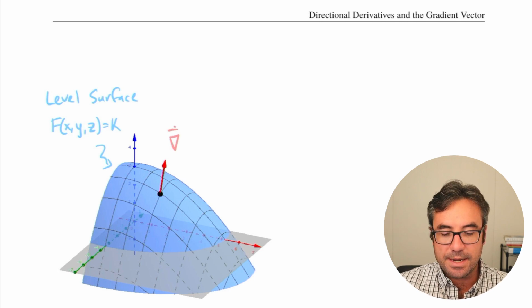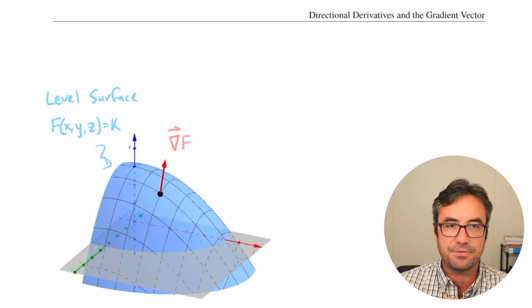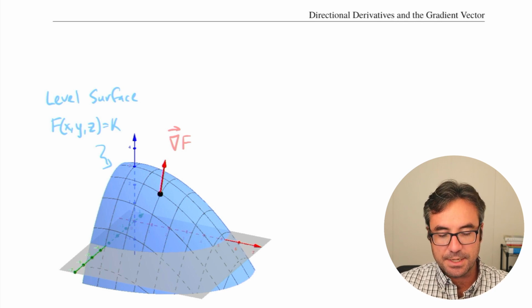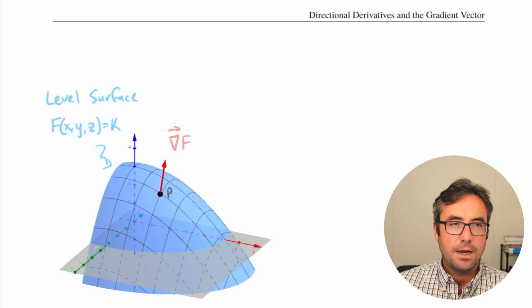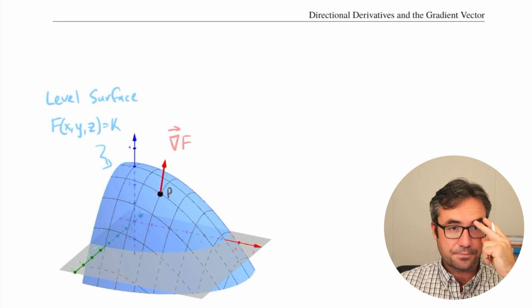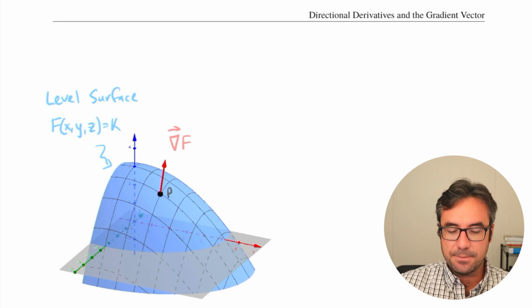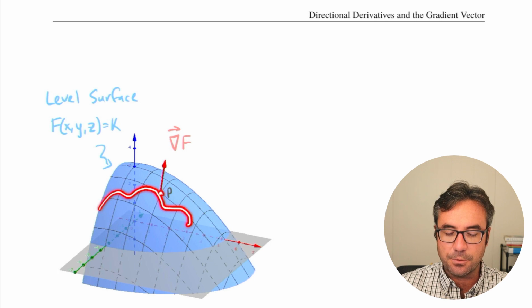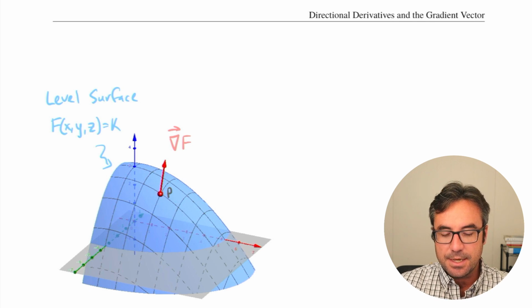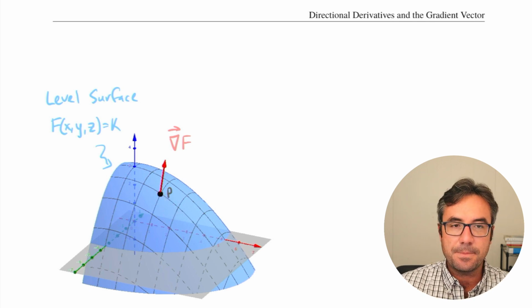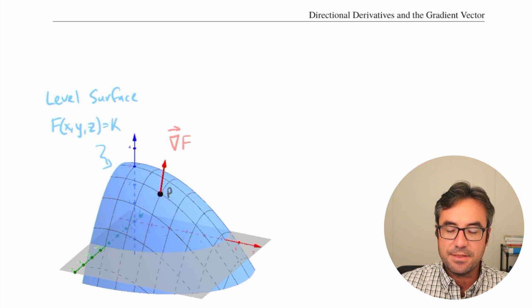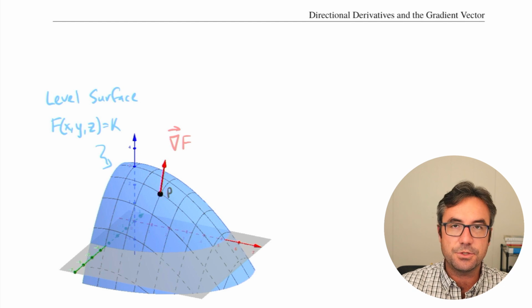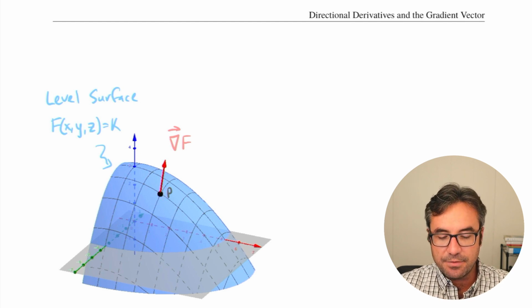So that's going to be the gradient of this function capital F, at our point P. What ends up happening is that if we were walking on this surface, so imagine we had a curve that sits on this surface and goes through this point P, any curve that goes through that point is going to have a tangent vector, and that tangent vector is going to be orthogonal to the gradient.